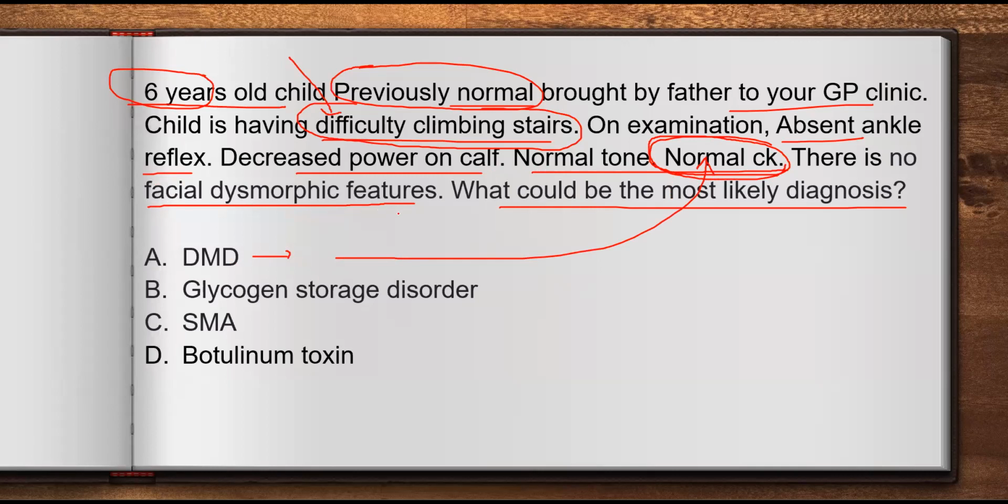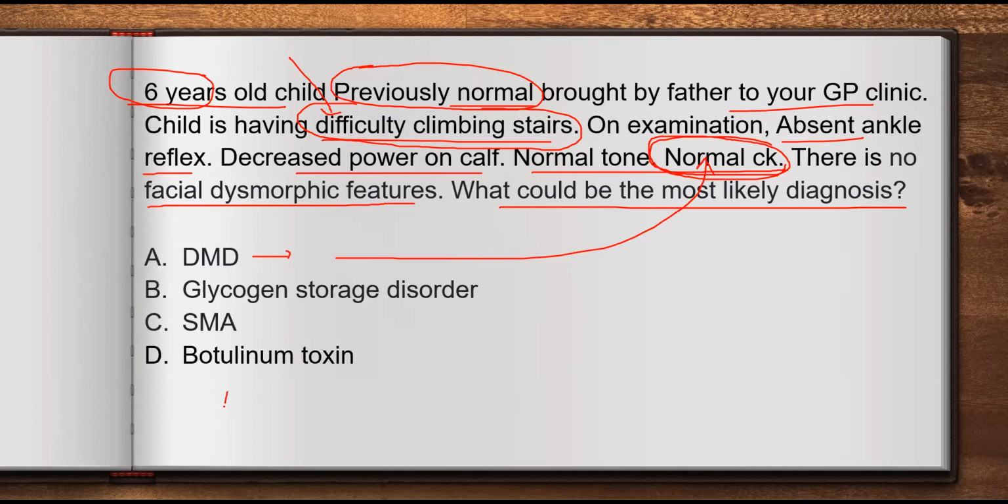There is no facial dysmorphic features. There is a condition called SMA, spinal muscular atrophy, which doesn't involve facial muscles, but it involves every other muscle in the body. Same with botulinum. Botulinum affects every muscle, including facial muscles.